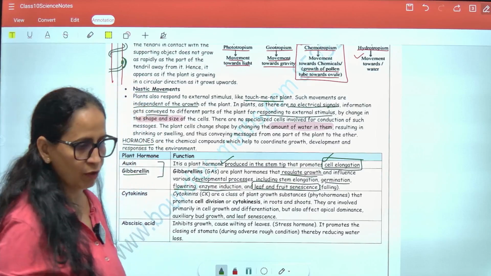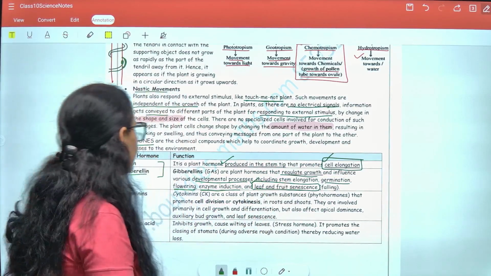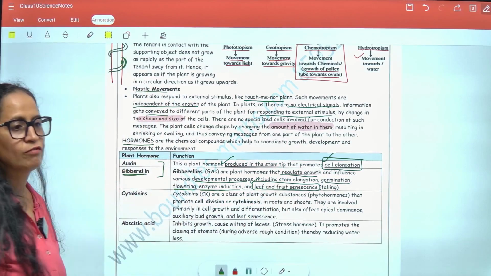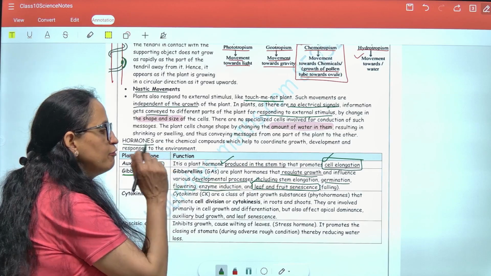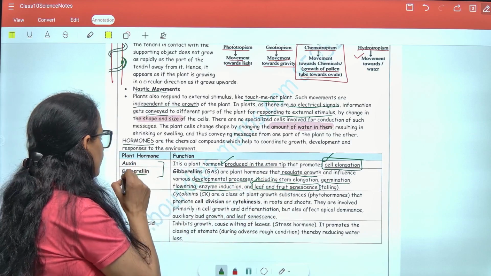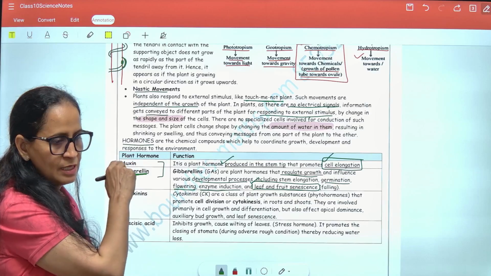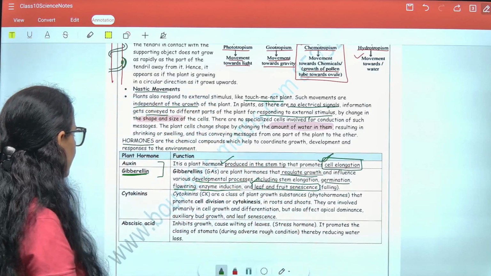Senescence means falling off. So falling off of matured leaves and fruits is regulated by the release of gibberellin hormone, right? So both are responsible for growth, but senescence of leaf and fruit is controlled by gibberellin, not auxin, and elongation comes for auxin.